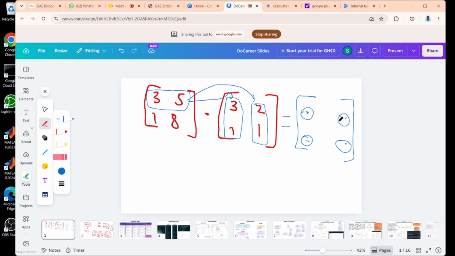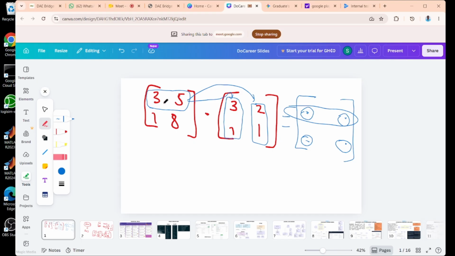To find this second one, we use the top row to multiply the second column. So these are the top rows, so we are finding the top row elements of the final result. We use the top row of the first matrix to multiply each column.